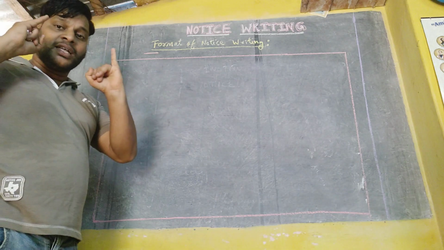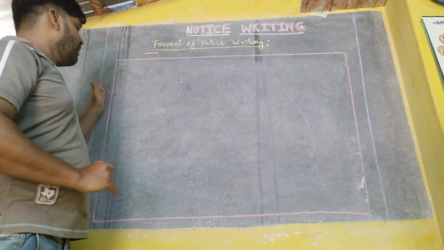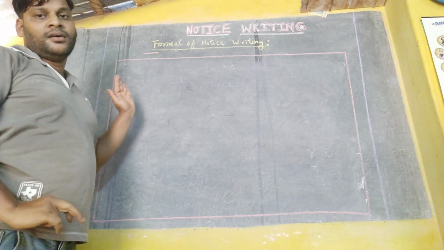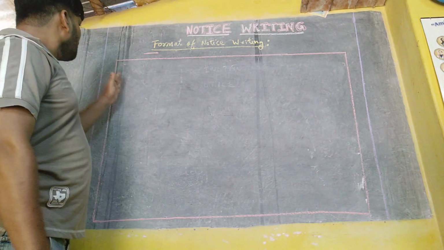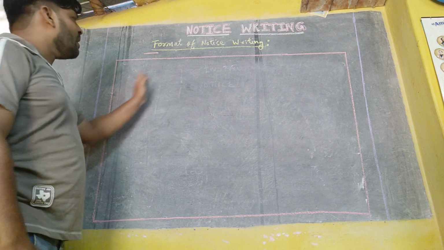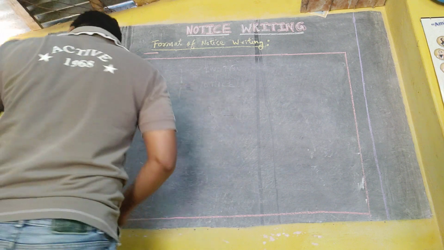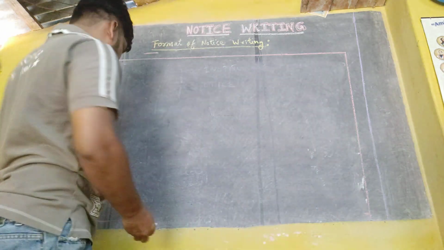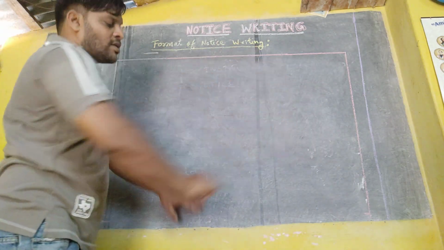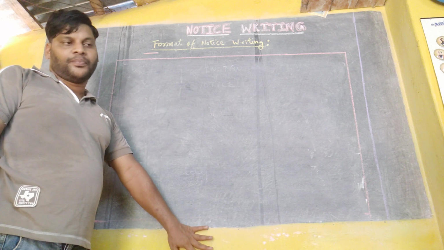Keep a little finger space away from the margin and away from the end of the page. You have to draw an incomplete box like this. Don't complete the box.